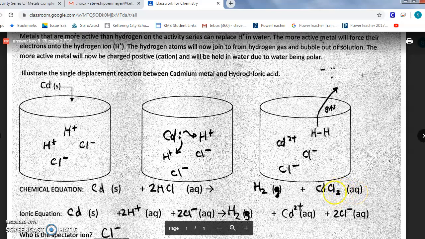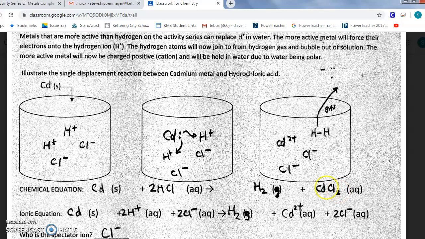Aqueous means pull them apart. Cadmium's 2 plus if you uncross it. The subscript by the cadmium is 1, which means the chlorides are 1 minus. And that is explaining why we have these ions and hydrogen gas in that third container.